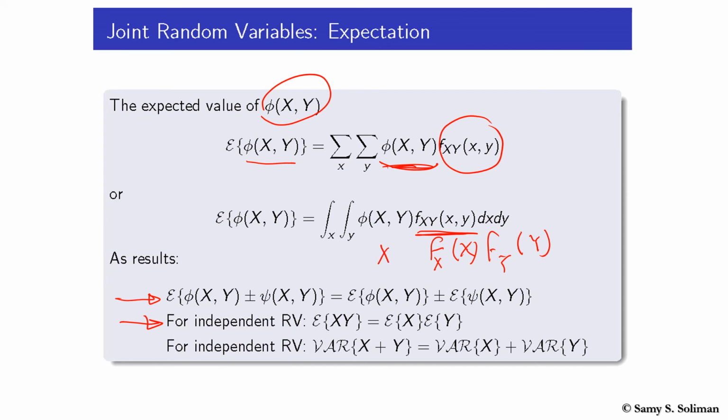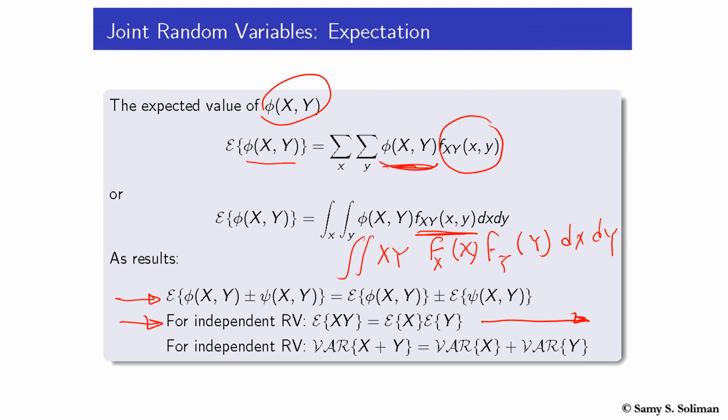Since phi of x and y is x times y, this double integral can be rewritten in a separable form, in which you have the integral of x times f of x dx, and another integral over y f of y dy. These two integrals can be easily recognized as the expected value of x times the expected value of y. So again, this relation is valid only if the random variables are independent.